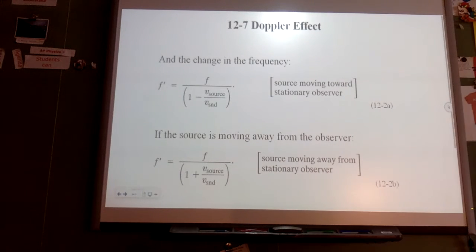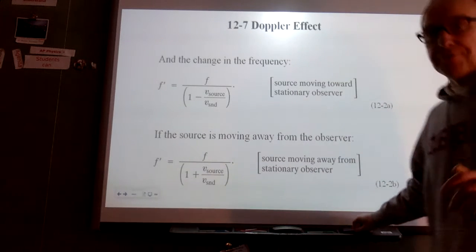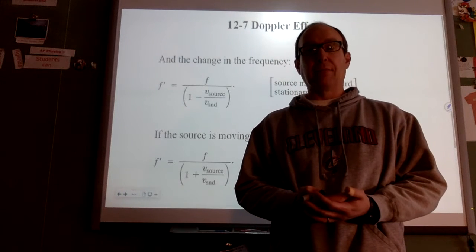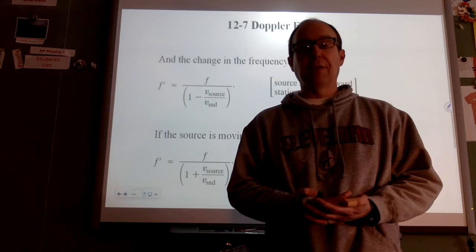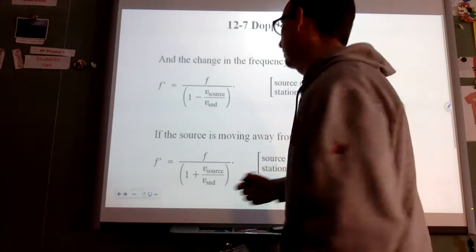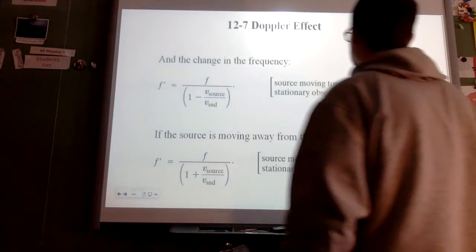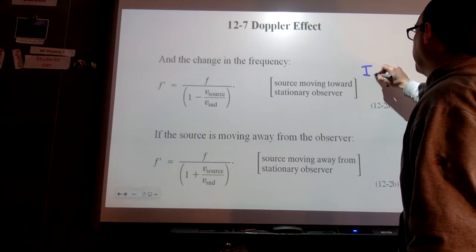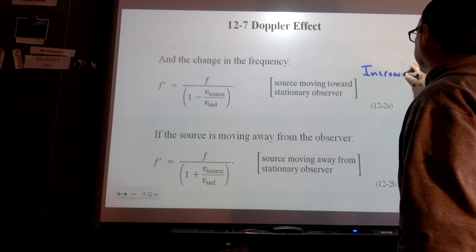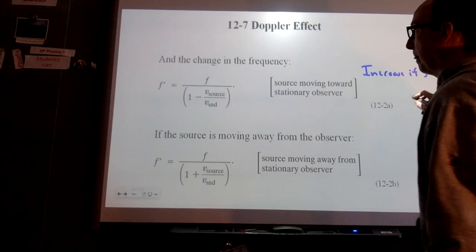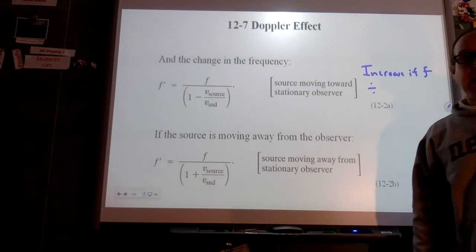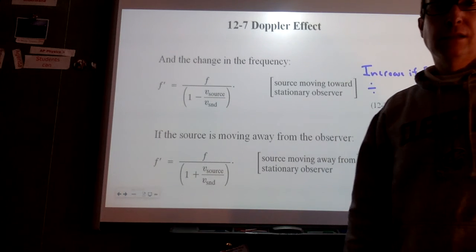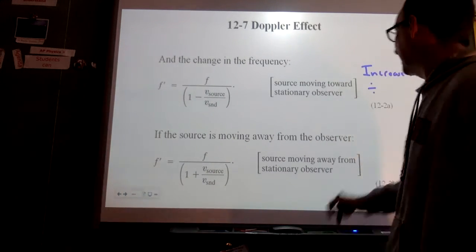And this is not on your equation sheet. So you need to reason through this just by thinking about it. So if you want your frequency to increase, so if I want an increase in f, I want to divide it by a number that is less than 1.